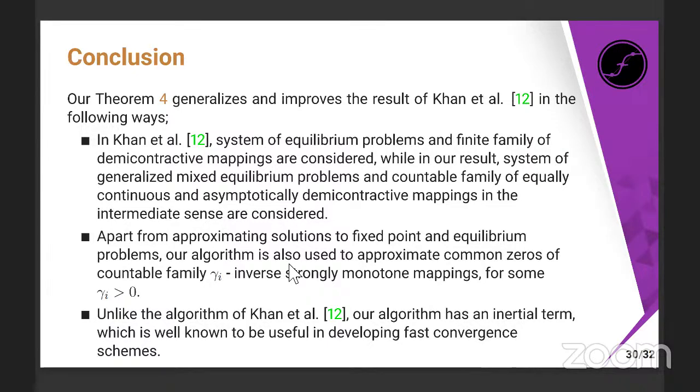And apart from solving the fixed point and equilibrium problem, in our own case, we actually try to include another nonlinear problem called the zero problem. And unlike the algorithm in their own, there is no inertial parameter, while in our own case, we introduce the inertial parameter in order to increase the performance of the iterative algorithm.